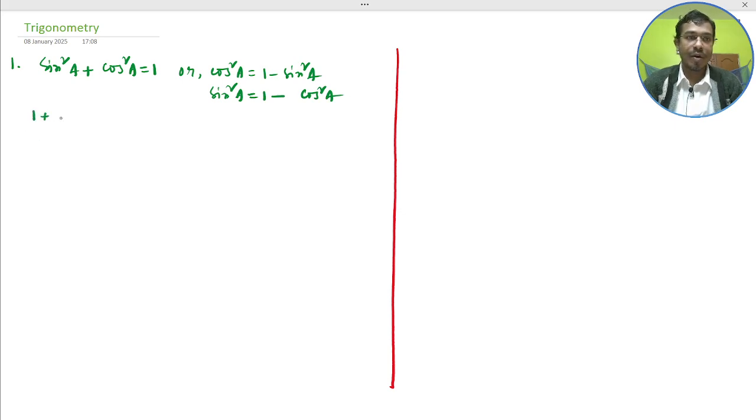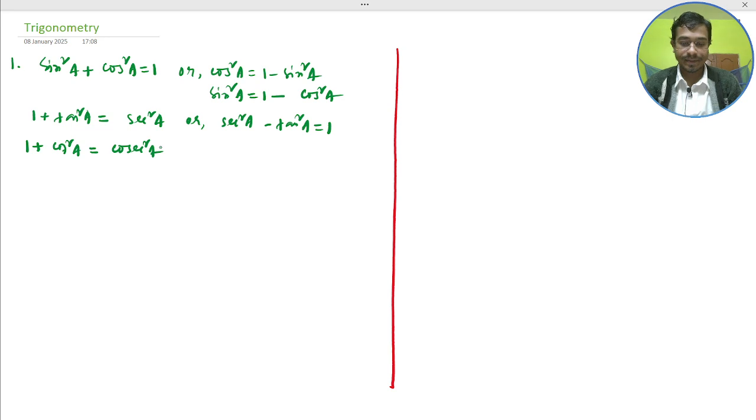Next, 1 plus tan square a equal to sec square a, or sec square a minus tan square a equal to 1, and 1 plus cot square a equal to cosec square a, or cosec square a minus cot square a equal to 1.